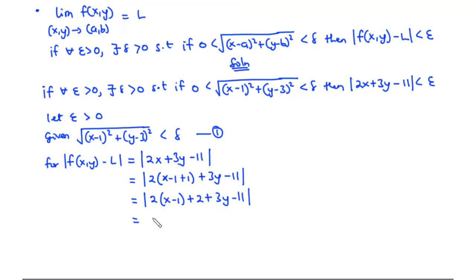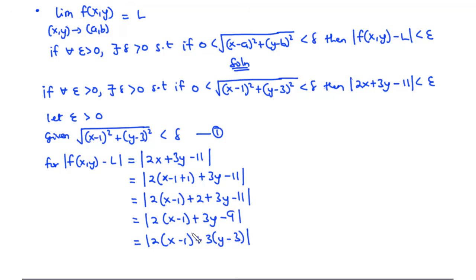Next, we have the absolute value of 2 into bracket x minus 1 plus 3y, and then 2 minus 11 is negative 9. Now automatically you realize that we can as well manipulate this thing so that we have a scalar times y minus 3. So this becomes the absolute value of 2 into bracket x minus 1 plus, we can factor out 3 so that inside of the bracket we have y minus 3, just like this.